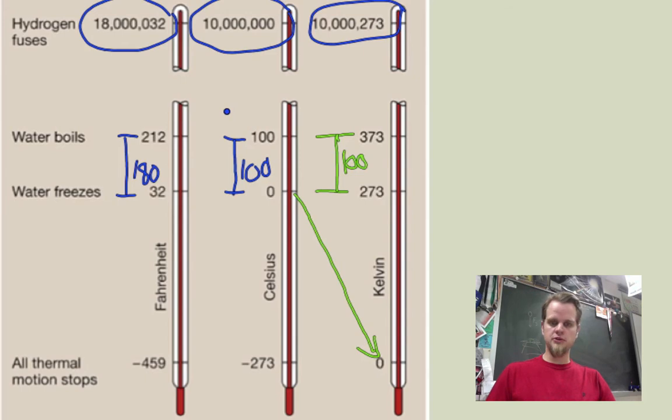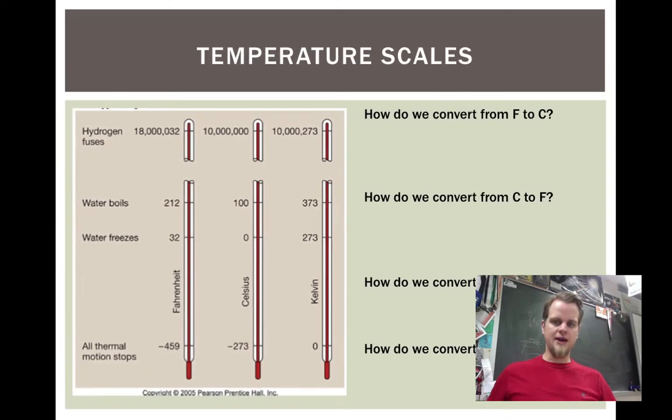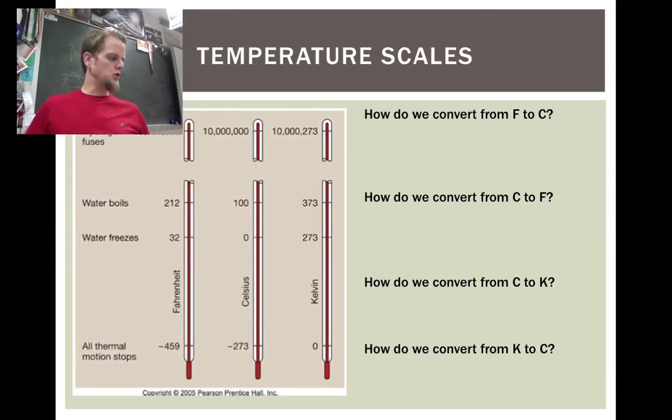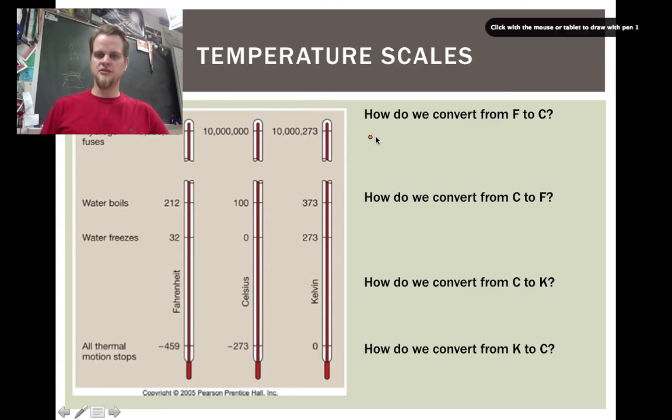I think that's really all I want to talk about, except how do we actually convert from one to another? And I mix these up, so you can have these on your essential equation sheet if you want. Okay, so let's just talk about Fahrenheit to Celsius. The degrees Celsius will equal, first of all, you've got to take whatever the Fahrenheit number is and subtract 32.